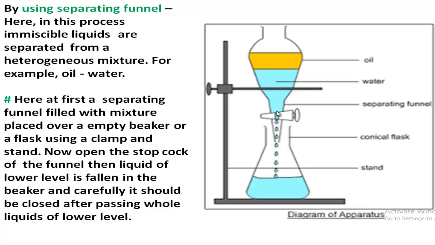When all the water reaches this portion, we close the stopcock. Then the water is separated from the mixture successfully, and only oil remains inside the funnel. In this way we can very easily separate oil and water from a mixture using this separating funnel.